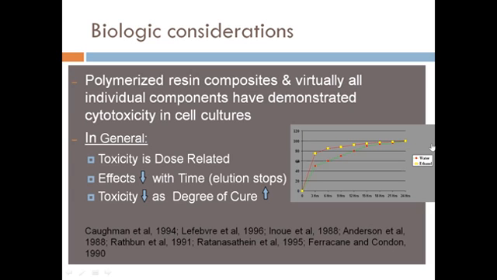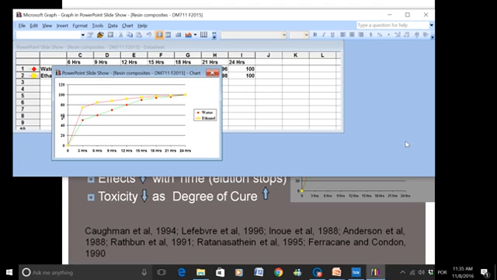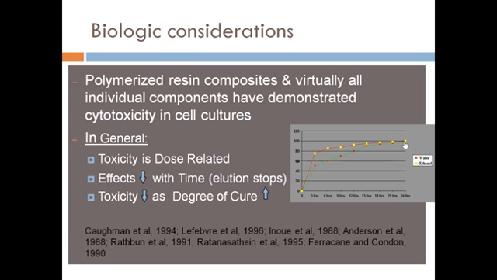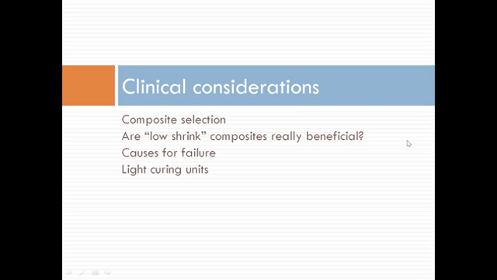There's not much more release at 24 hours than there was at, say, 3 hours. There's a little bit more, but not too much. The point of this graph is that the elution and the leachates are essentially stabilized by 24 hours.